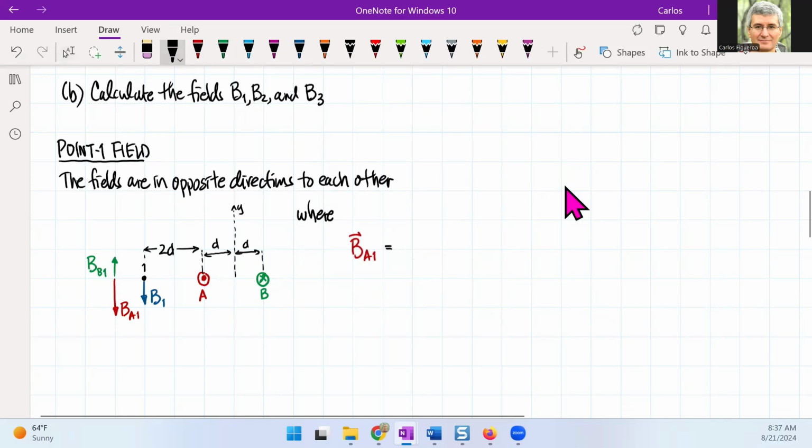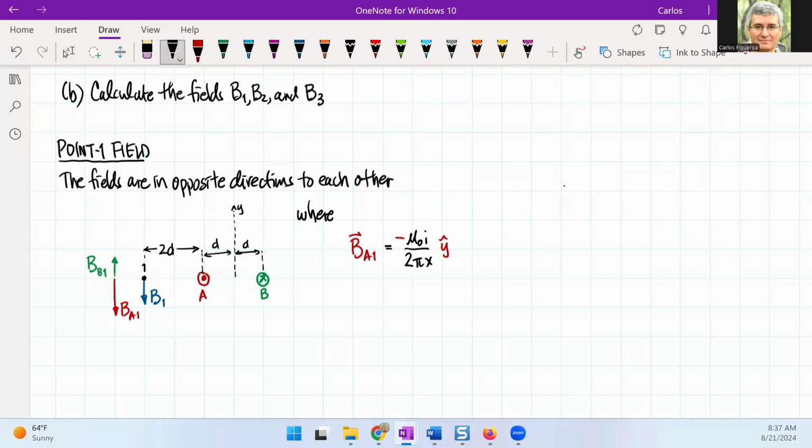I'm seeing that we know the magnetic field of an infinite wire looks like this. And we know that this has to be in the negative y direction. So I can see that the distance from A is 2d.